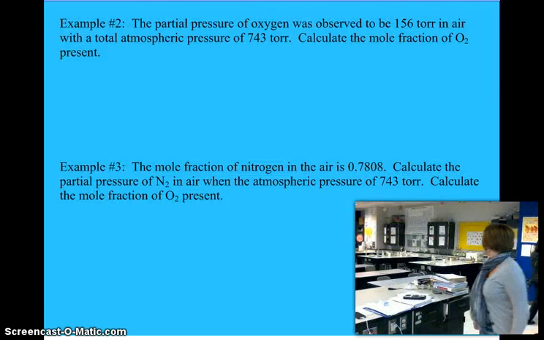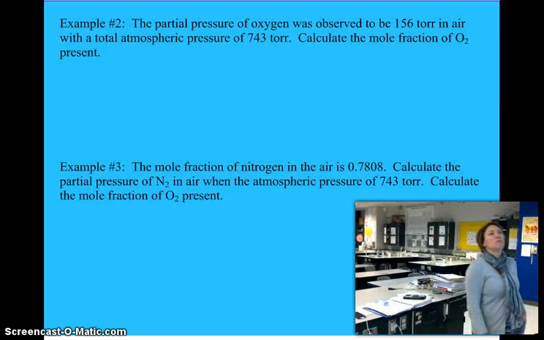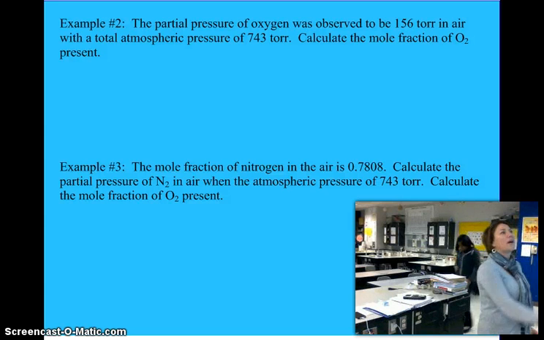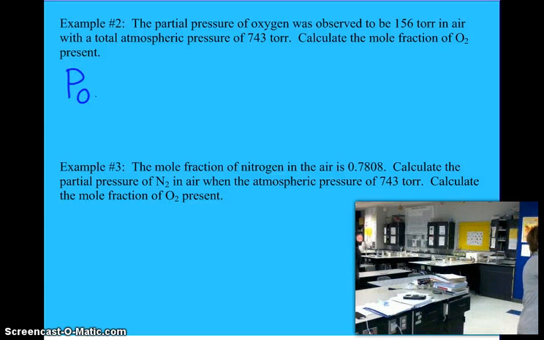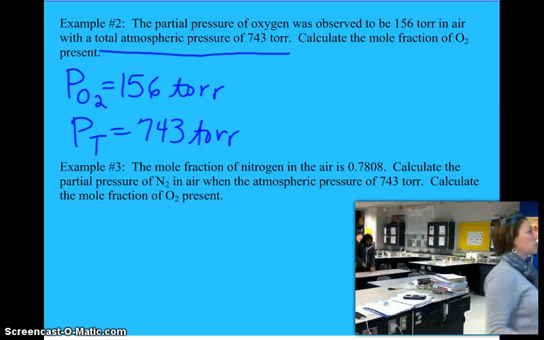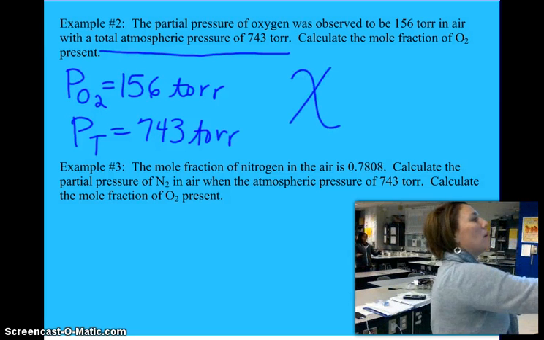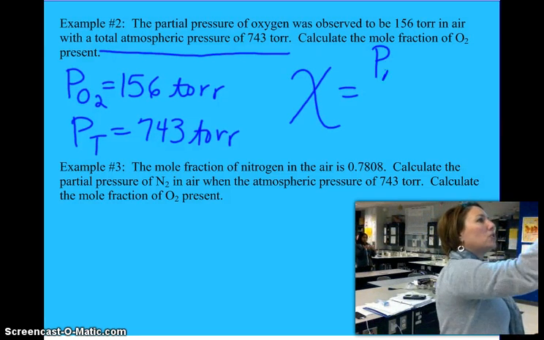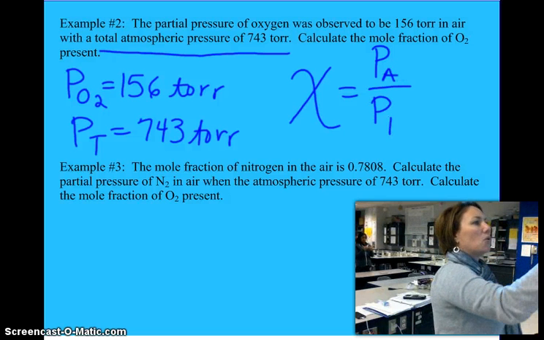The partial pressure of oxygen was observed to be 156 torr in air. So the pressure due to oxygen is 156 torr when the total atmospheric pressure is 743 torr. Calculate the mole fraction, okay? Well, now we know that mole fraction is equal to the pressure of component A over the total pressure.